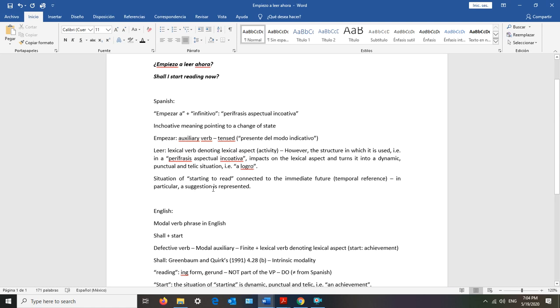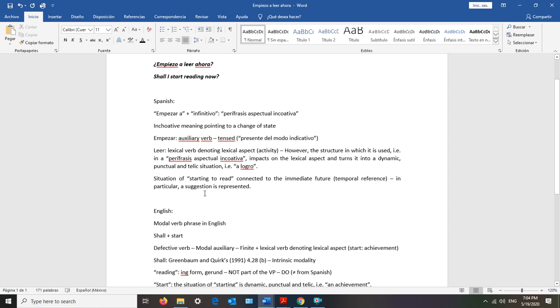So the situation of starting to read is connected to the immediate future. This is the temporal reference, right? And in particular there is a suggestion represented by means of this specific form, perífrasis aspectual incoativa, and considering the fact that it is used as an interrogative sentence.